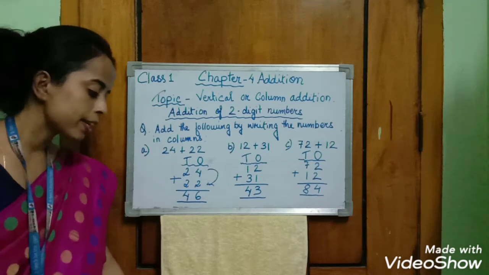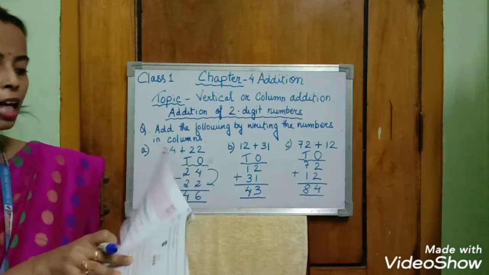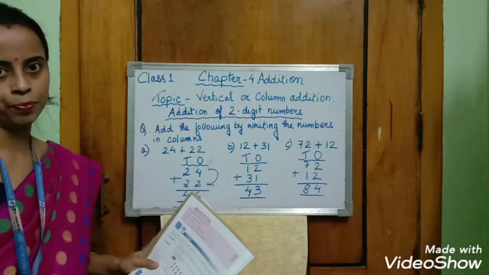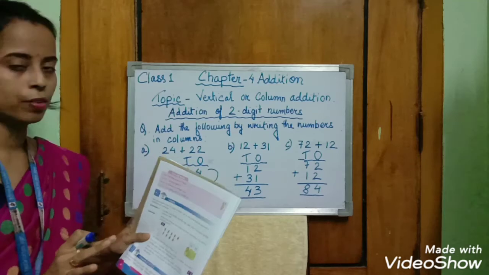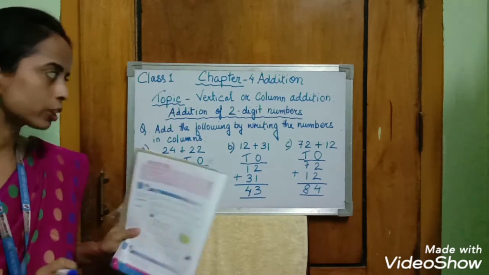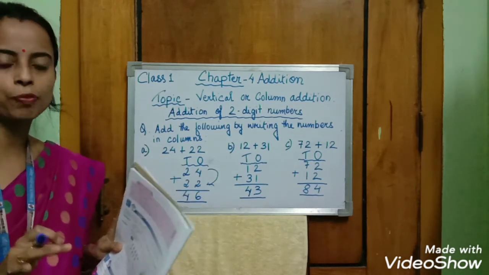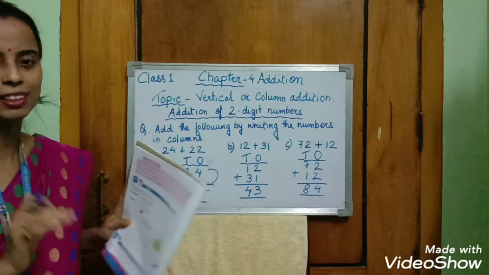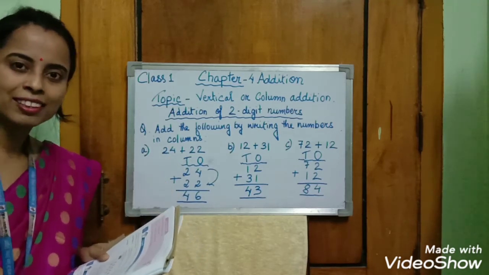Clear children? Next class, I'll be continuing with this chapter, that is addition. So till then, all the 3 methods of addition, kindly you all practice it. Clear children? Thank you.